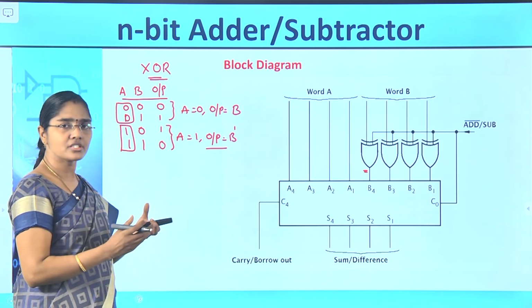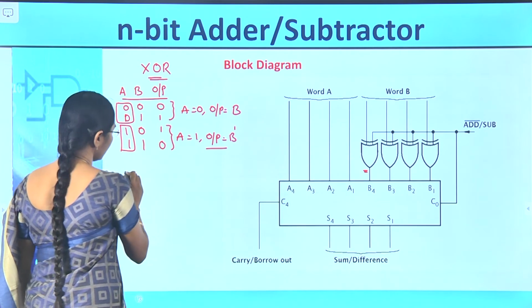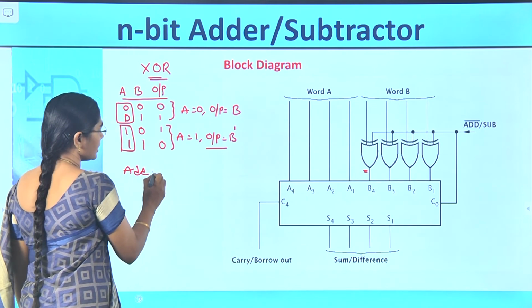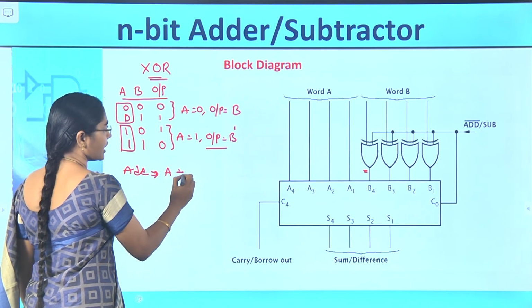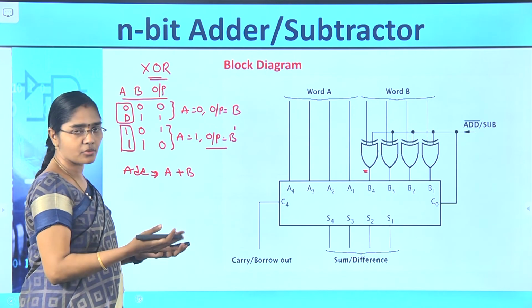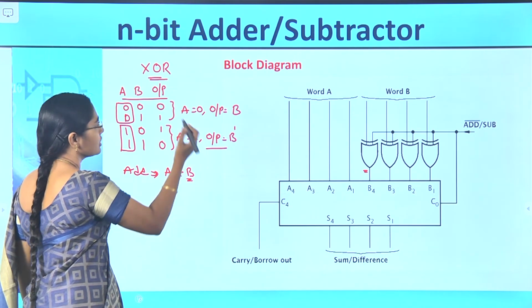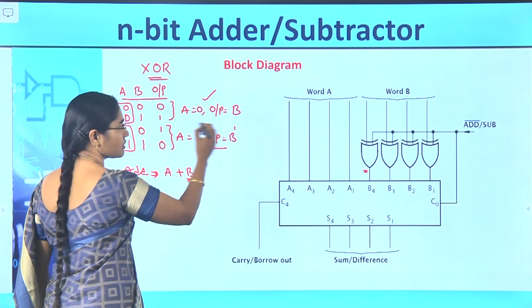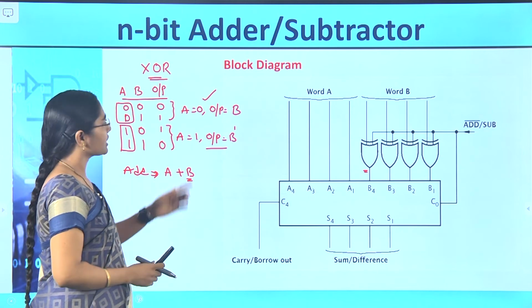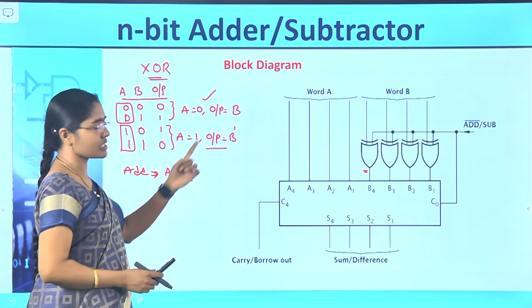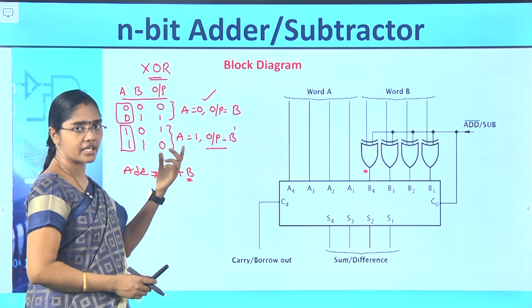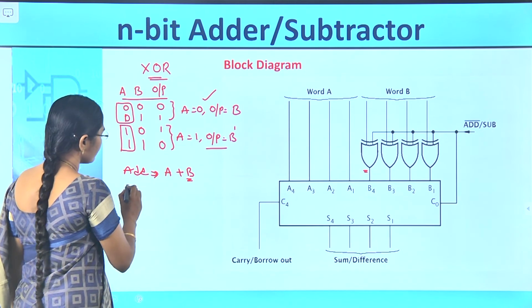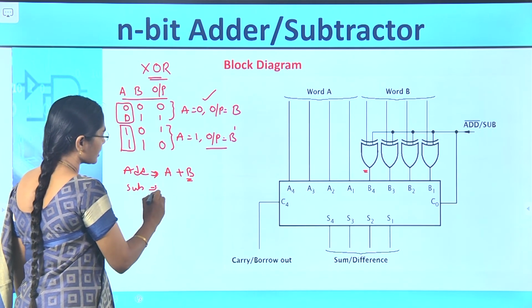For the addition operation, what do we need? A and B are required. So A plus B, both as they are. For this addition operation, use this logic function: by taking the other input as 0, the output is B, producing B as it is. And for the subtraction operation, what are we taking?